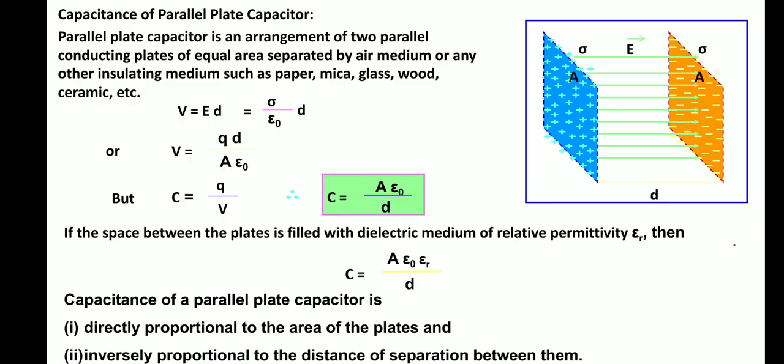So in today's class we discussed the property of the conductor, that is the capacitance of the conductor.